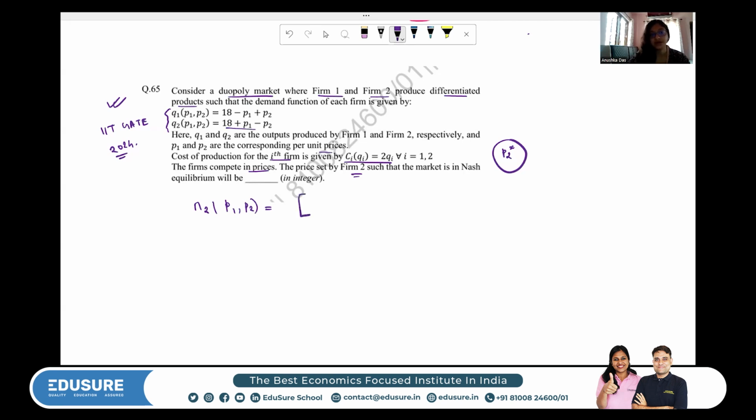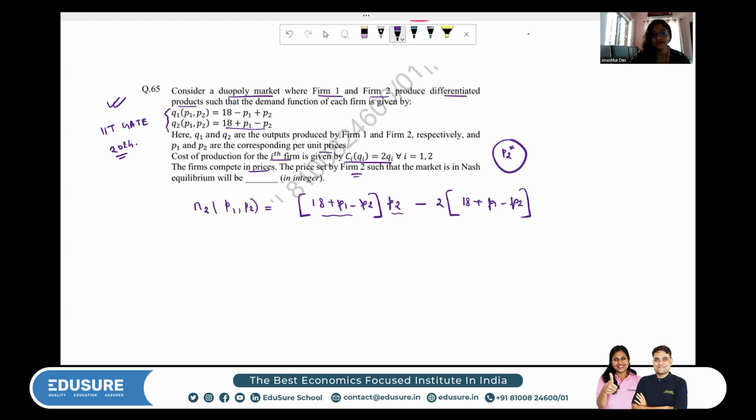Here you know the output, 18 plus P1 minus P2, into the price. This is Q2 and this is P2. This is the total revenue, minus the total cost, 2 into Q2. Again, instead of Q2, you will write 18 plus P1 minus P2. So this is the profit.